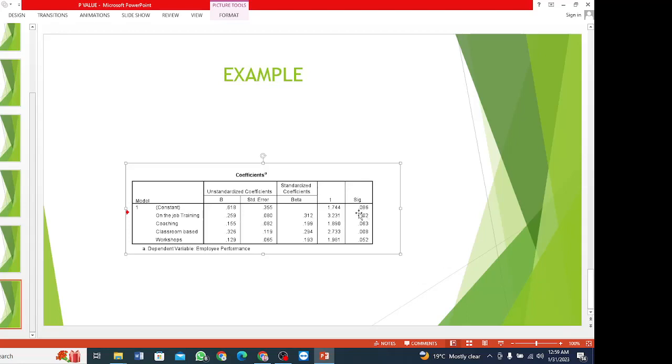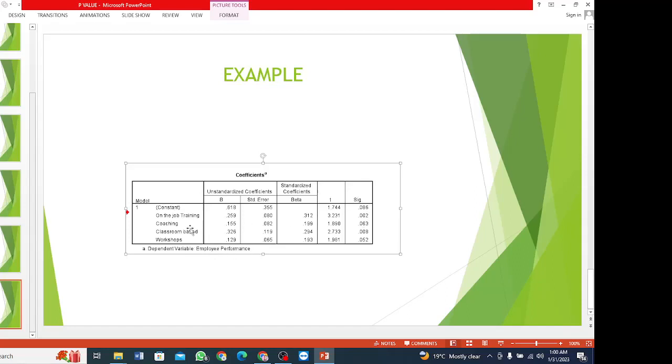That is because our p-value here, which is 0.002, is less than the significance level of 0.05. Therefore, we can interpret this and say that on-the-job training has a positive and statistically significant relationship with employee performance. Hence, we conclude that on-the-job training has a positive and statistically significant effect on employee performance.